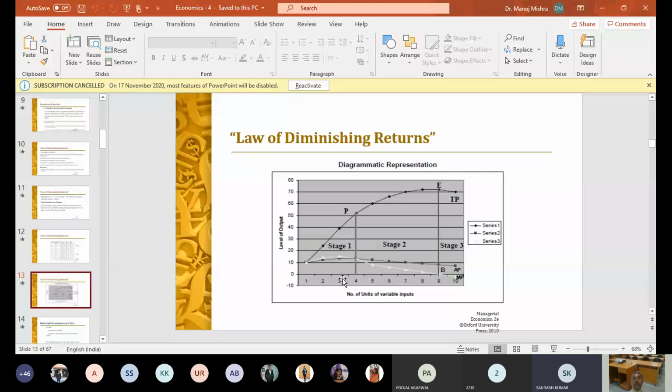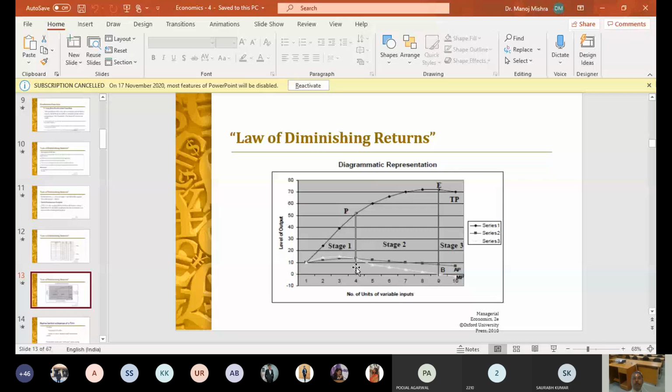Then after the first stage, in the second stage also it is increasing. But it is now increasing at a lesser rate than it was doing in the first stage. The rate of increase has decreased. But at the point of stage 1, 2 interesting things are happening.